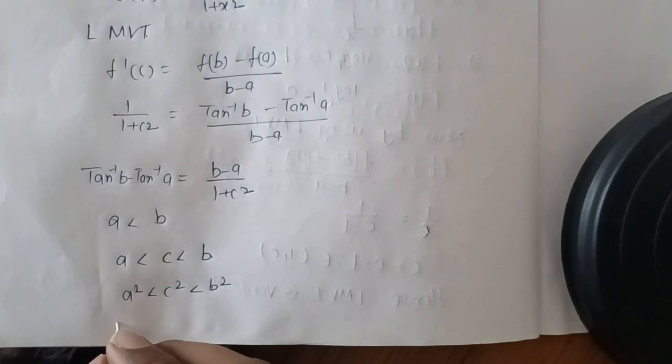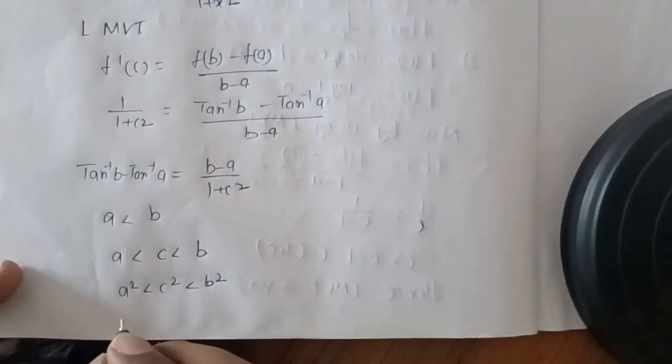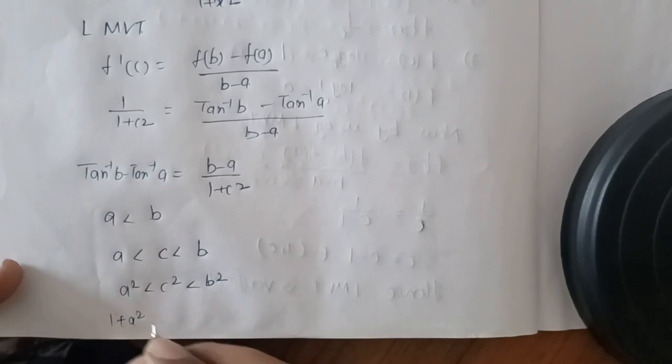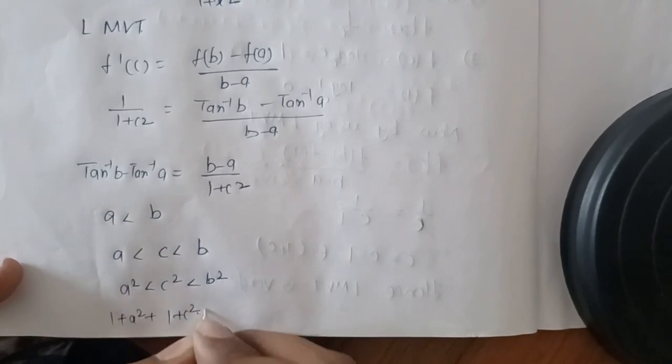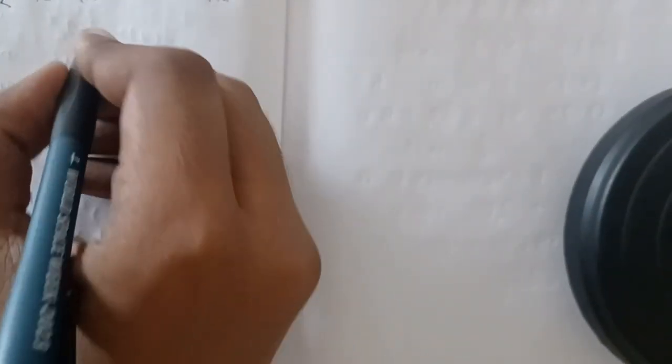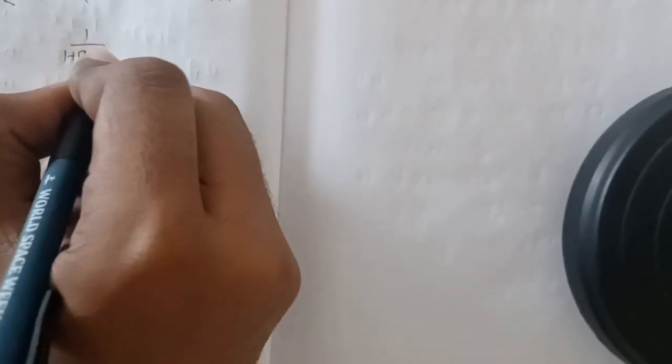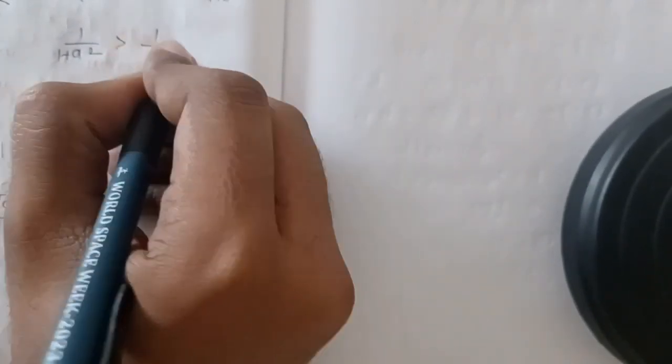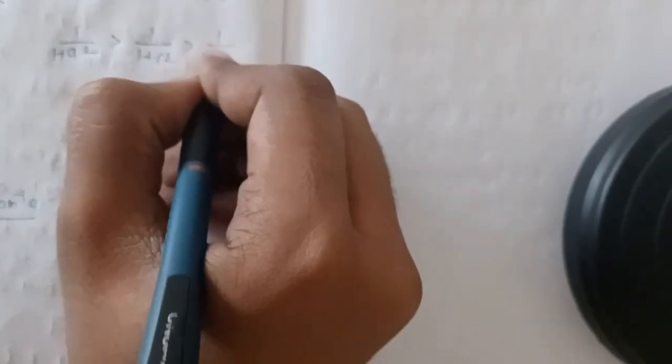Next we want 1 plus c square, so by adding 1 to all, 1 plus a square is less than 1 plus c square is less than 1 plus b square. Next we take the reciprocal of the numbers, then the symbols will change. 1 by 1 plus a square is greater than 1 by 1 plus c square is greater than 1 by 1 plus b square.